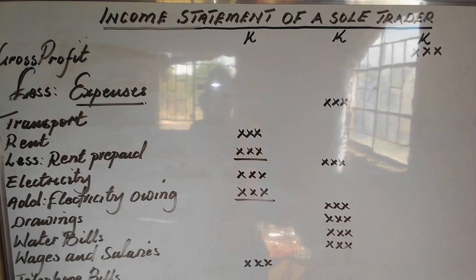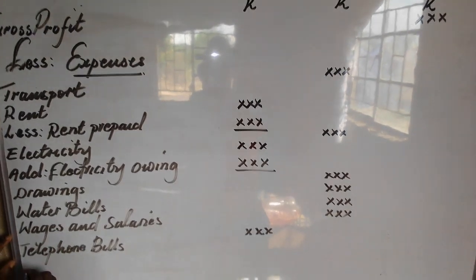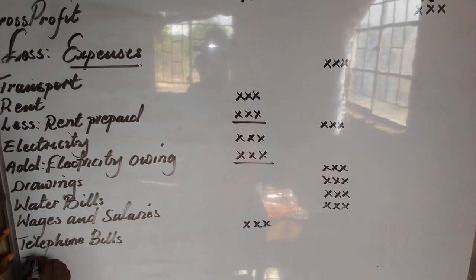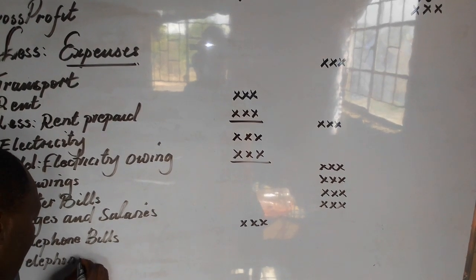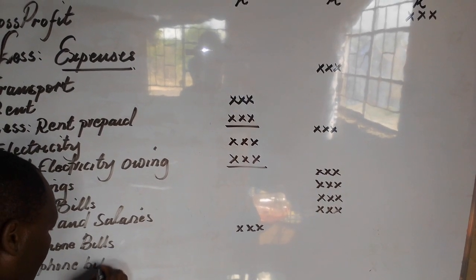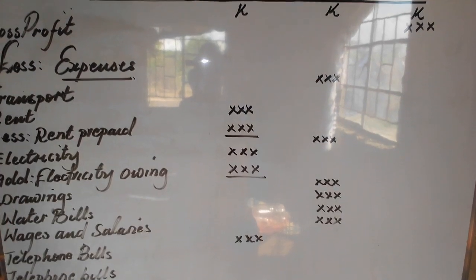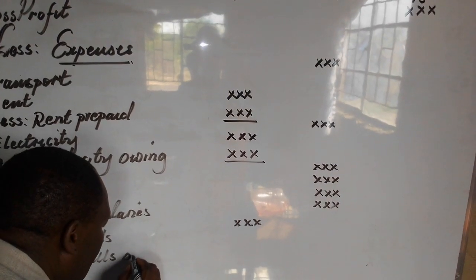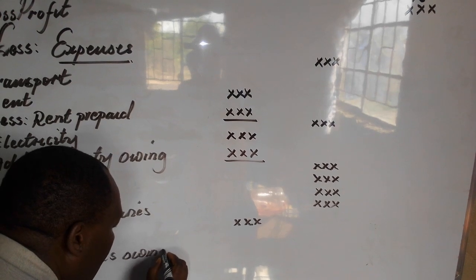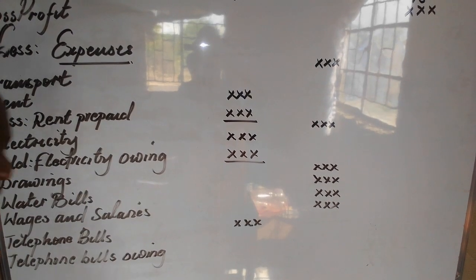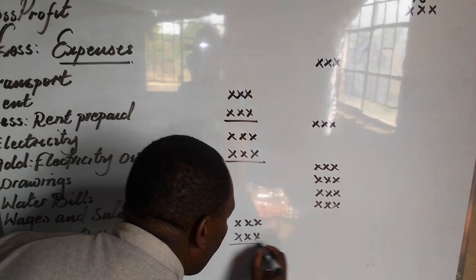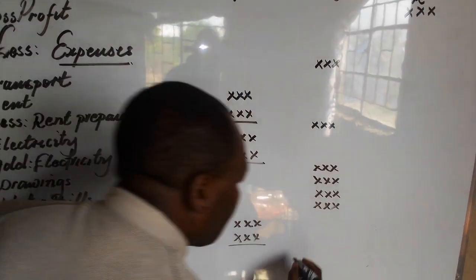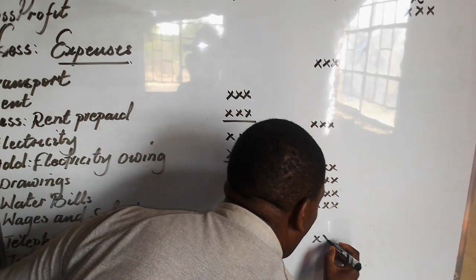Then you say add telephone bills outstanding or owing. You add these two. The figure comes there.